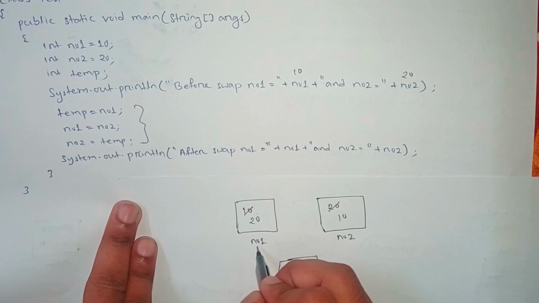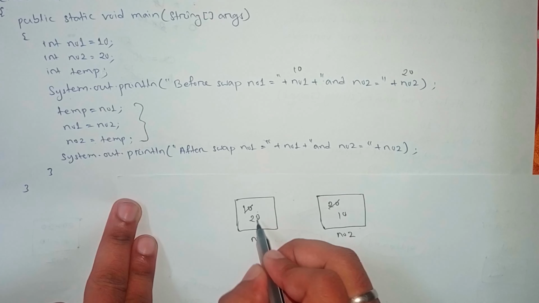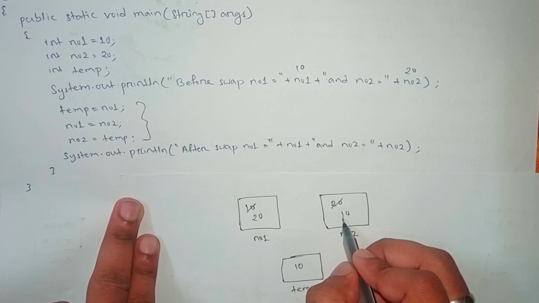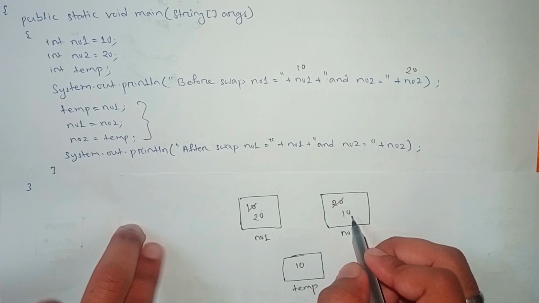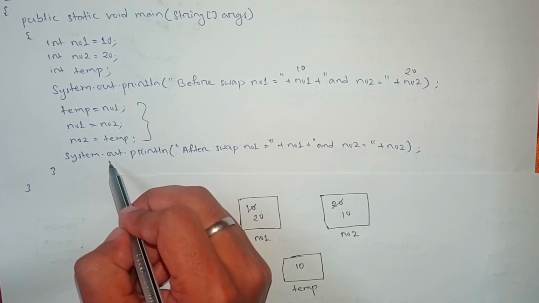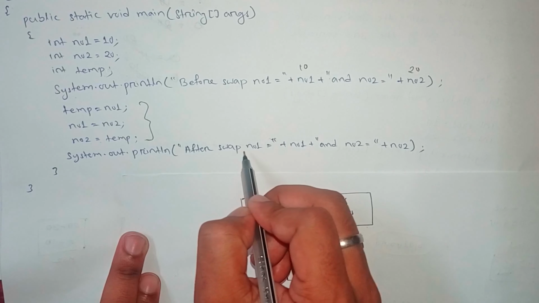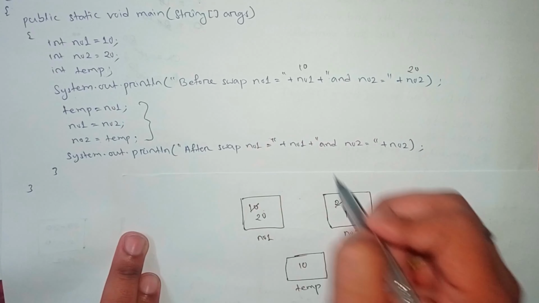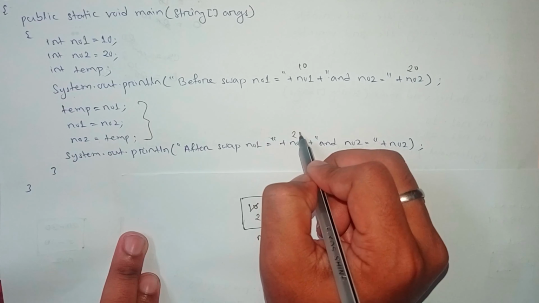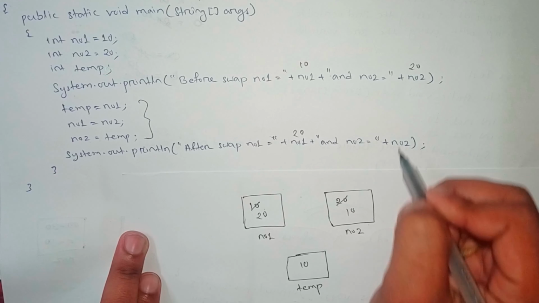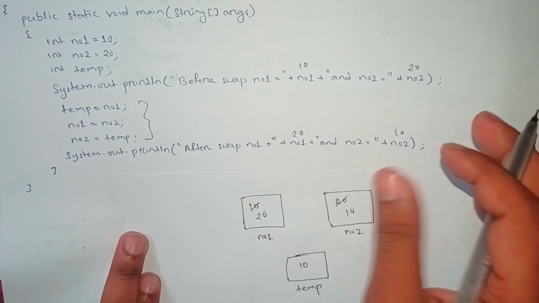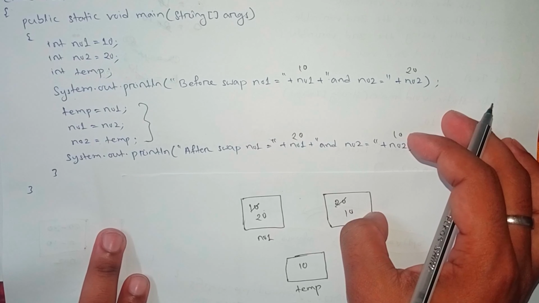Now the value of number 1 equal to 20. The value of number 2 equal to 10. So System.out.println after swap number 1 equal to how much? 20. Number 2 equal to 10. I think it will be clear.